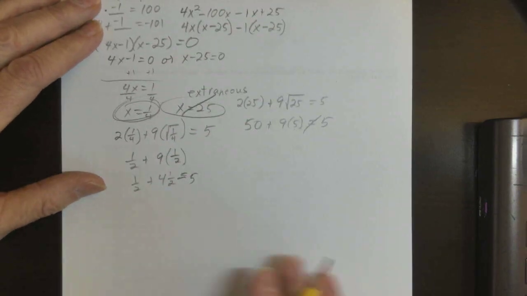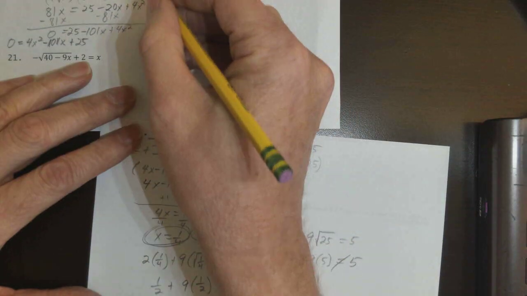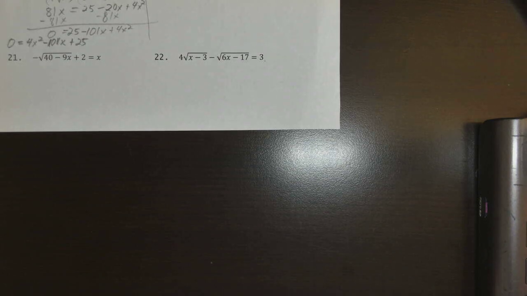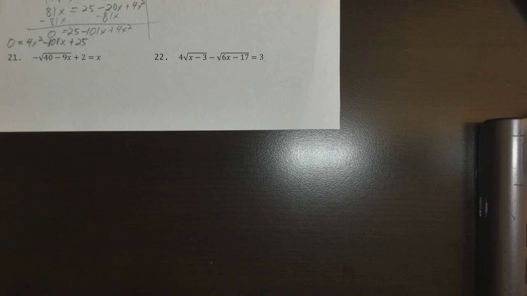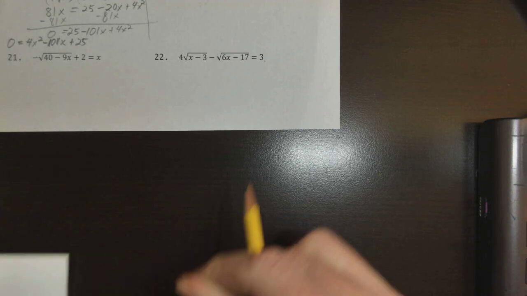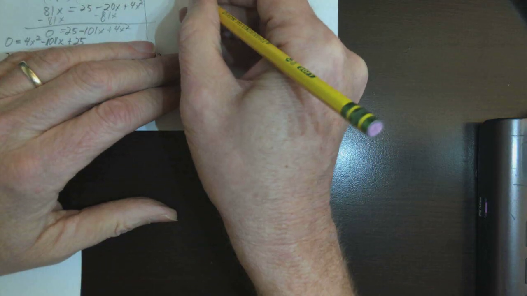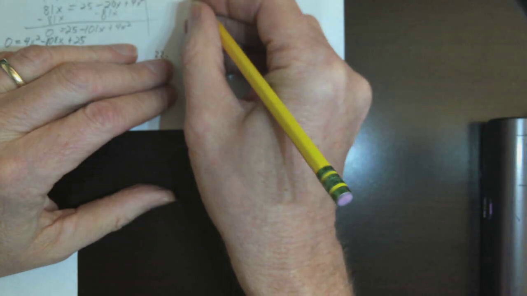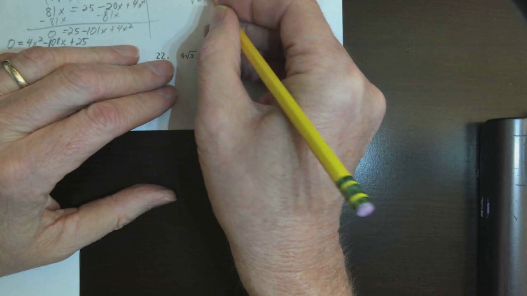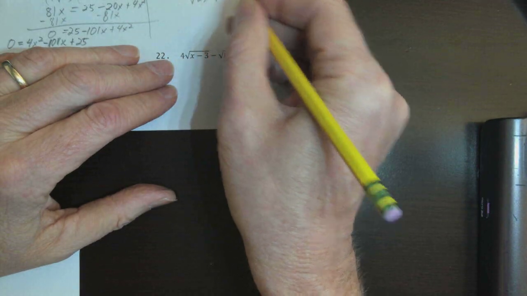19 is done. Let's start 20 up here. Probably have to finish down here. All right. I am subtracting 4 from both sides. And I'm getting the cube root of 2x minus 9 equals negative 4.